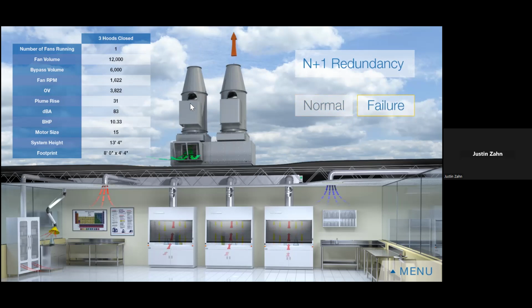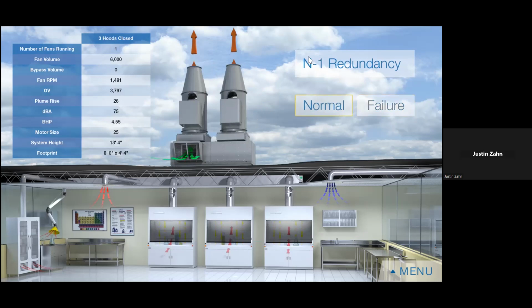One thing with N+1 redundancy, what sometimes is a little bit of an issue for people is, depending on how big your system is, there can be a decent amount of lag time before that second fan starts up. So if you're on a really, really critical application, sometimes you can't afford that lag time, just because this fan is 100% shut off. It's not like it's already running at 50%.